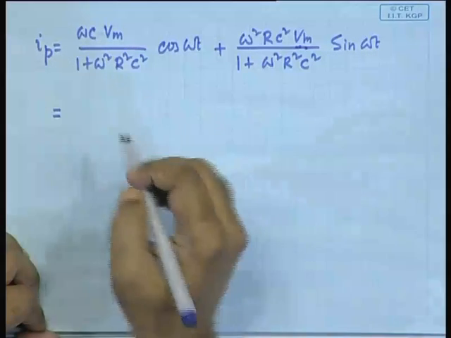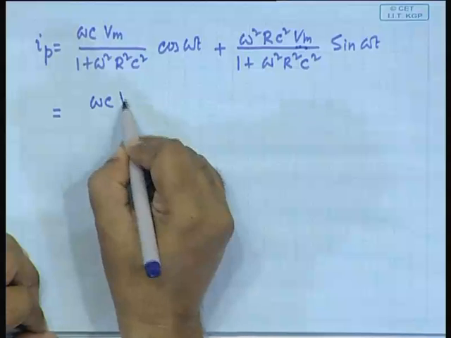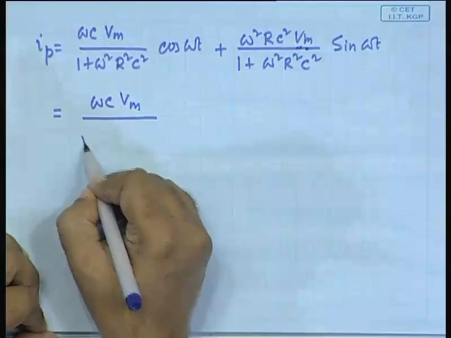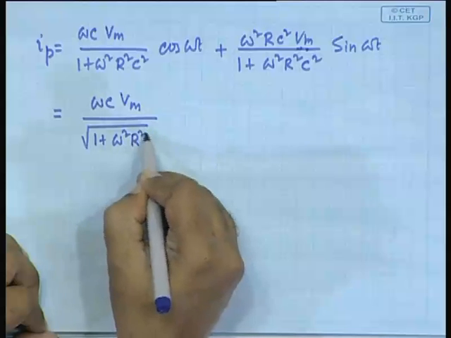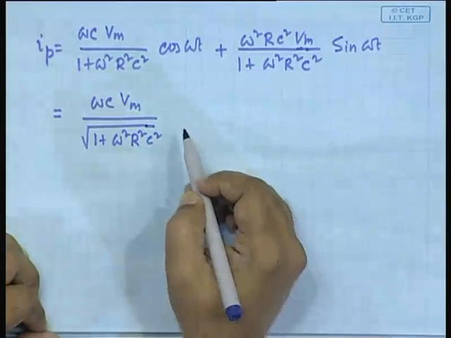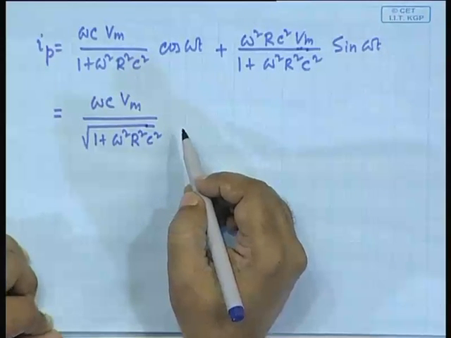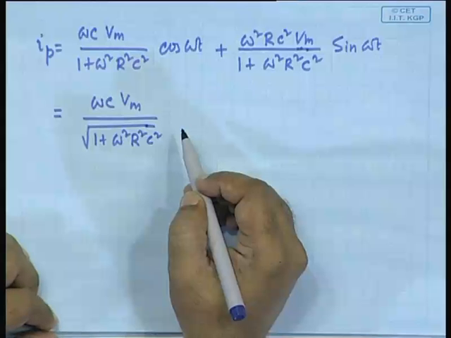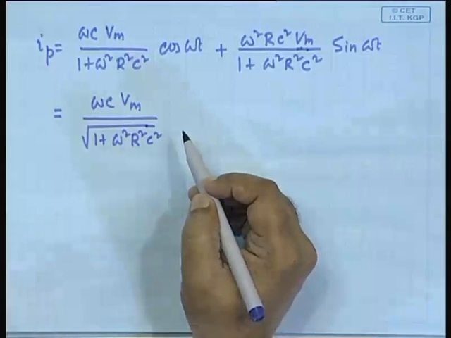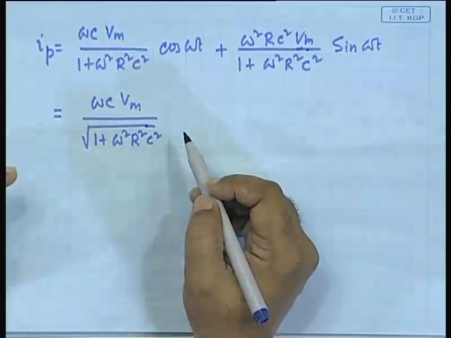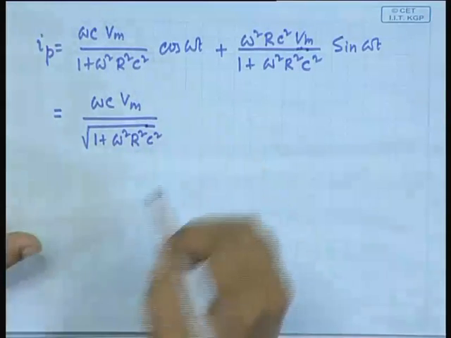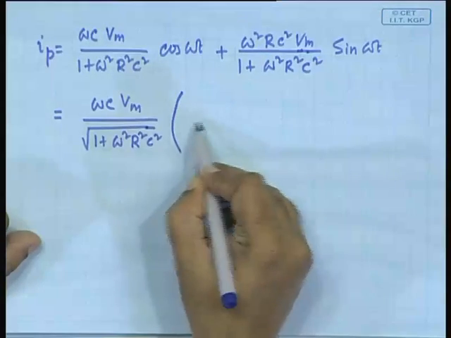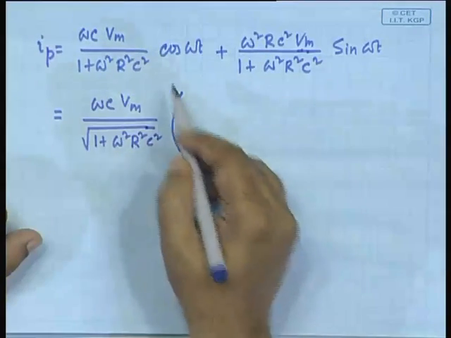Okay, what do you take out? Omega c V m by root over 1 plus omega square r square c square, and then what remains? Suppose something cos omega t. Now, if you take the whole thing common, it remains just cos omega t.